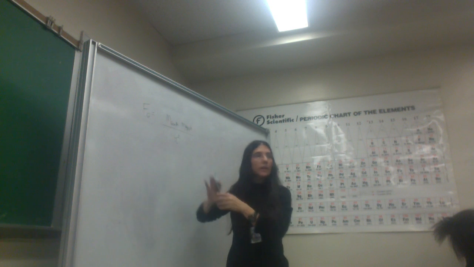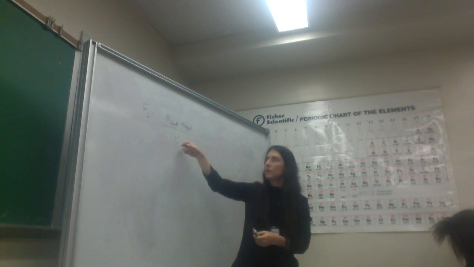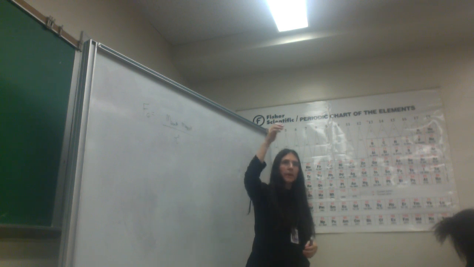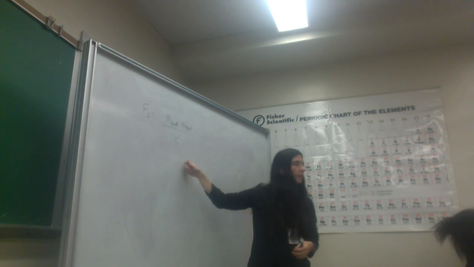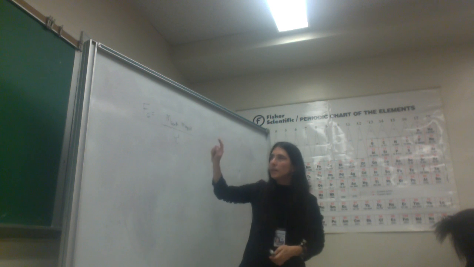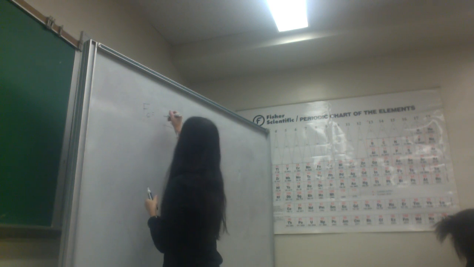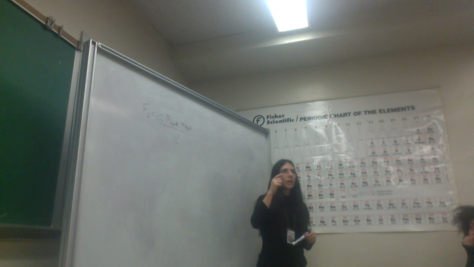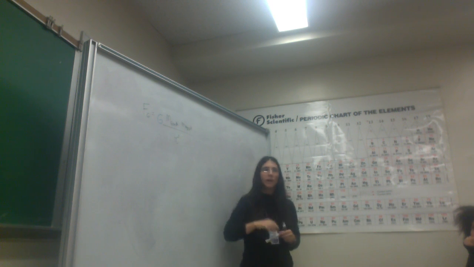It depends on 1 over r squared, so the further I go, the weaker this force becomes very fast. And there is one more thing that I should put in the equation to keep this equal sign, which is this constant, big G. We talked a lot about little g, but now I have this big G.